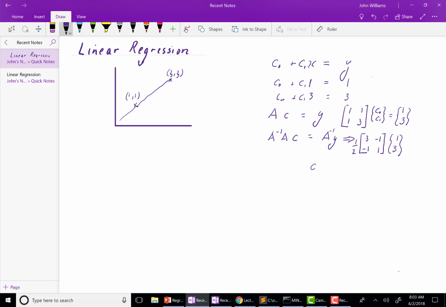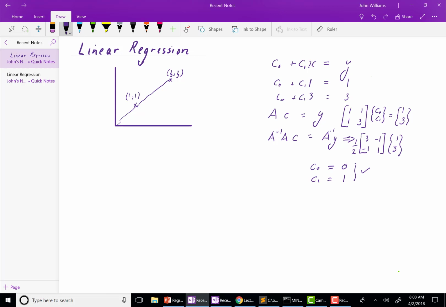So C0 would be 0. And C1 would be minus 1 plus 3, that's 2, divided by 2, so C1 would be 1. And we know that's true. This would be a line going through 0 with a slope of 1.